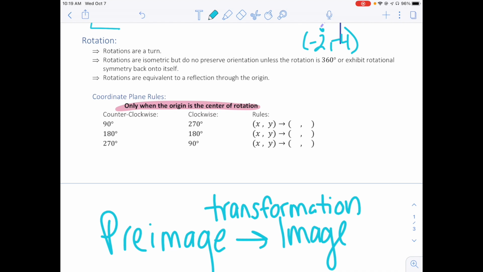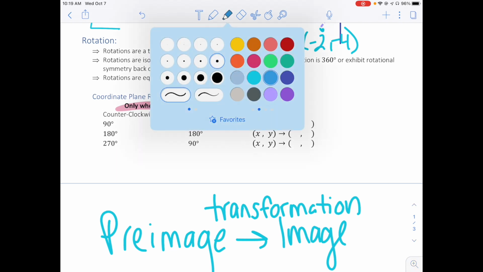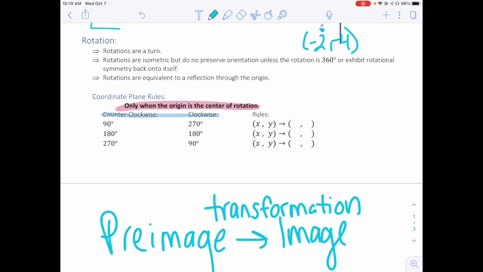We have 2 directions, clockwise and counterclockwise. A 90-degree counterclockwise rotation is the same as a 270-degree clockwise rotation. Both of these rotations are going to give you the same result.